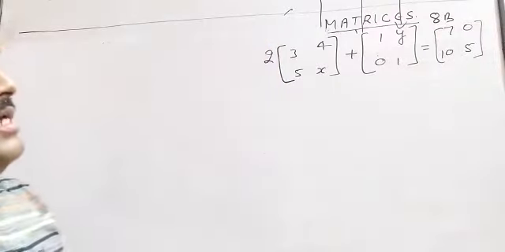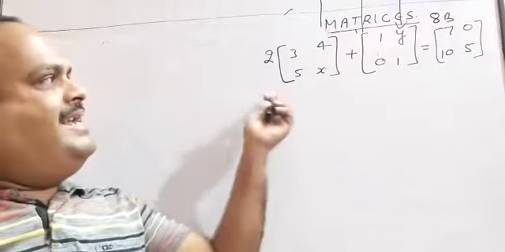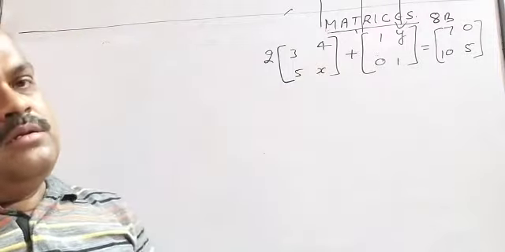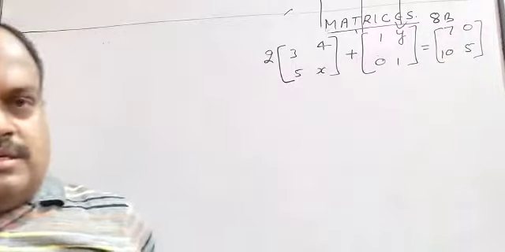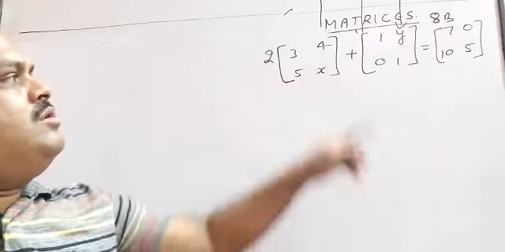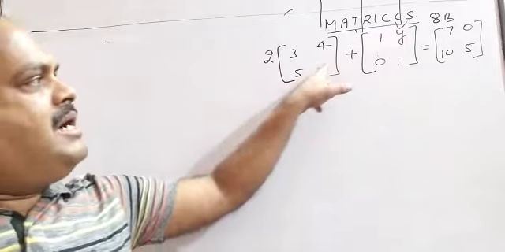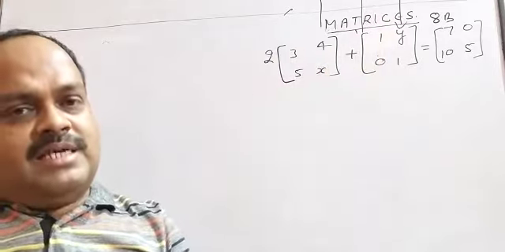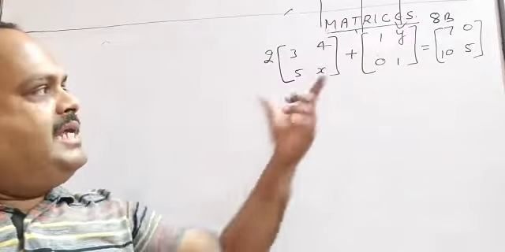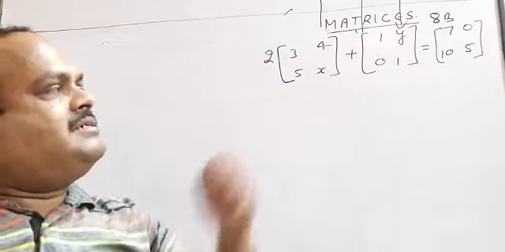My dear students, this is an equation which involves matrices. So, to get the values of x and y, which are the elements of the matrices, we need to simplify this side.